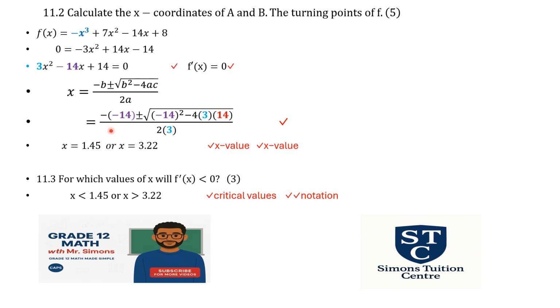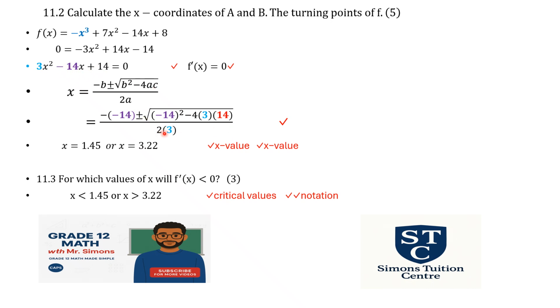If we factorize, b is minus 14, so don't get caught out. That is negative 14. Therefore, I put b in brackets. Don't just write it as 14 and lose the mark. b squared is negative 14 squared, a is 3 and c is 14.